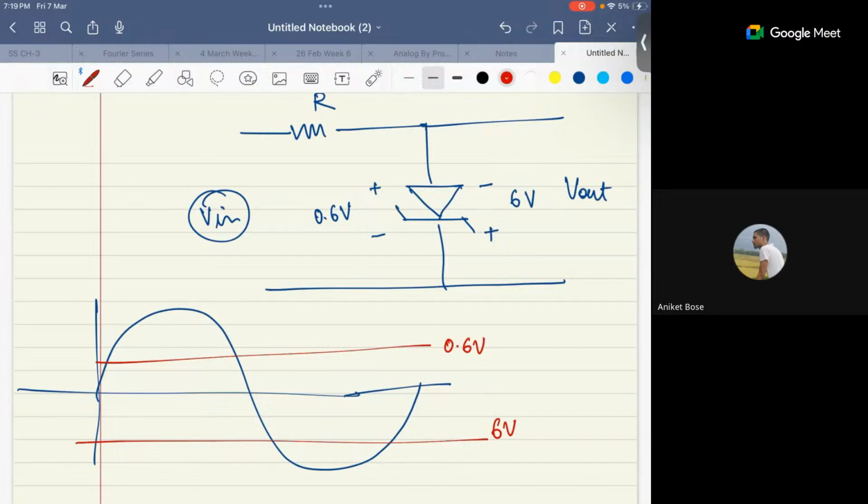If the potential is from 0 to 0.6 volt, this diode will work as a reverse bias without breakdown. How many of you are agreeing with me? Okay. How many of you didn't understand that? Till 0.6 volt, this diode will work in reverse bias without breakdown.